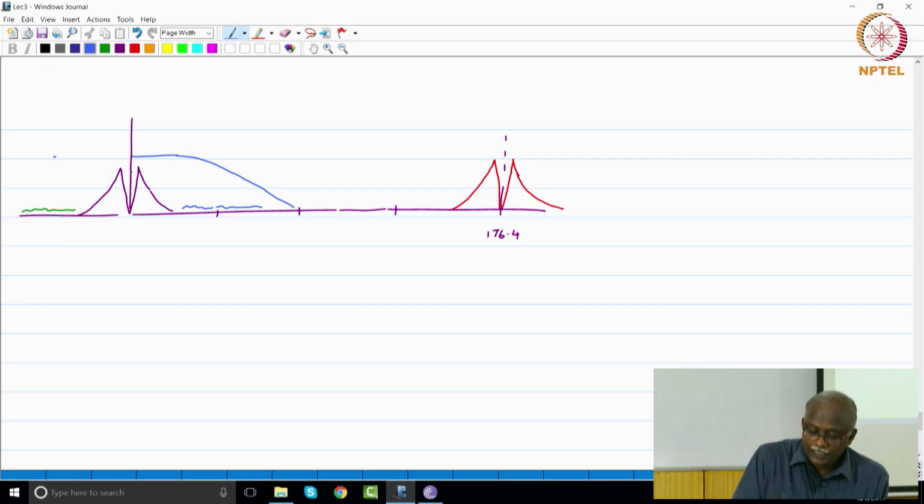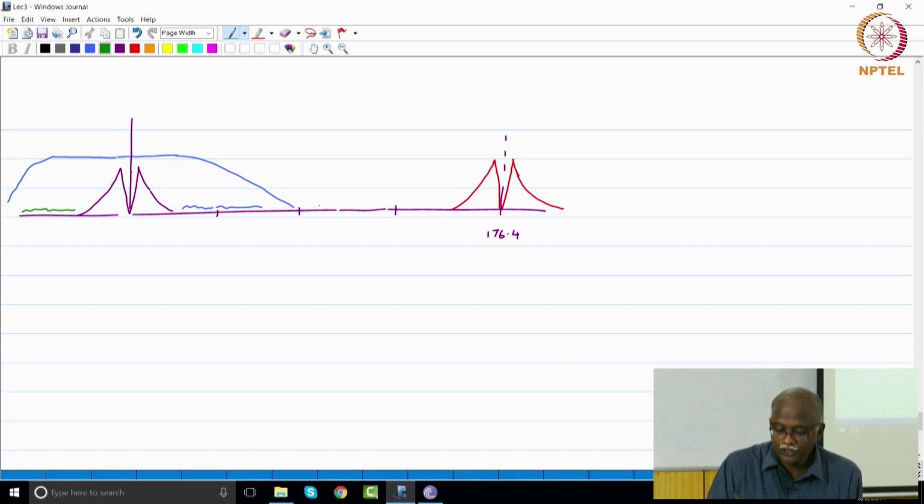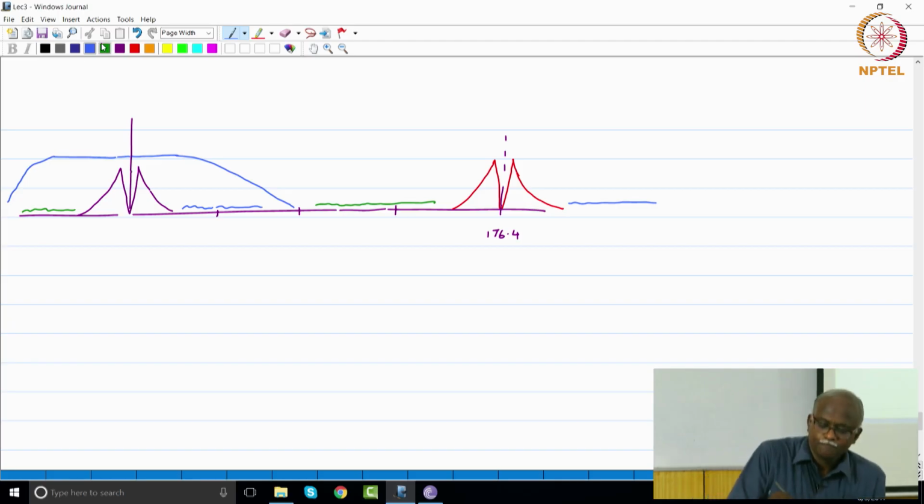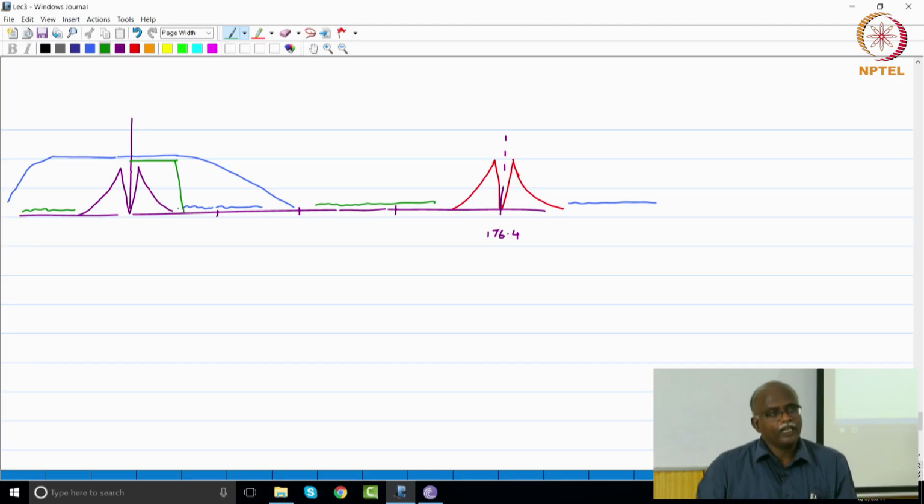And when I do the sampling process, the images will be produced. So there is some unwanted portion on this side, all of that is present, but the aliasing is not present. So, then when I apply the digital filter, it will remove all the unwanted parts, and then I get the signal that is of interest to me.